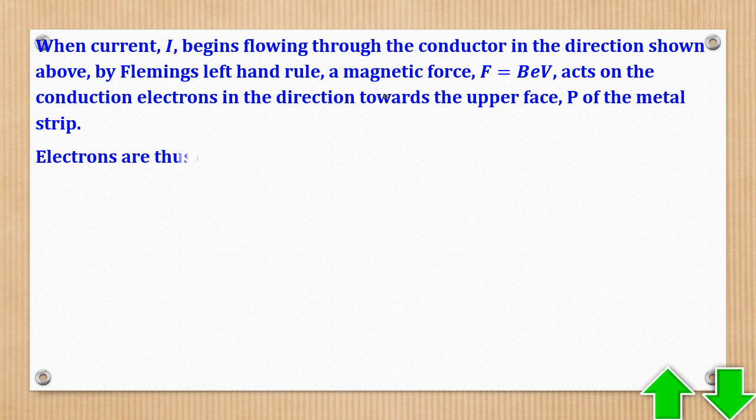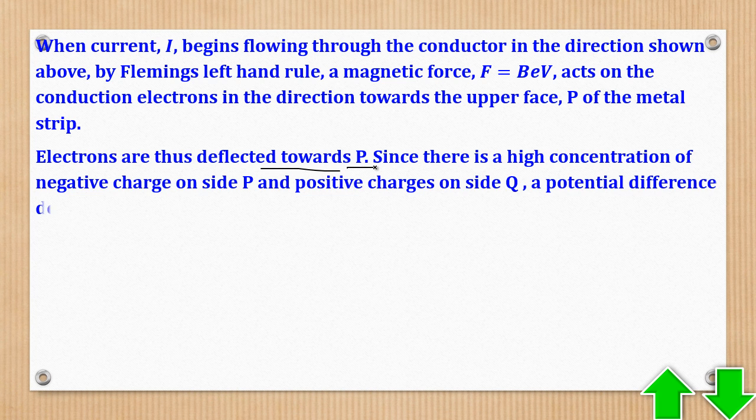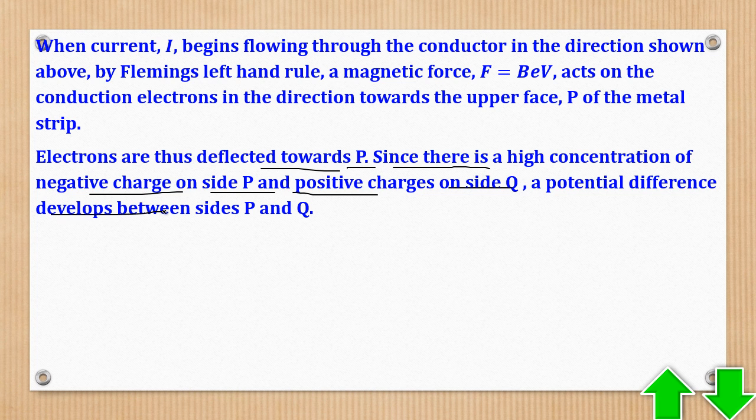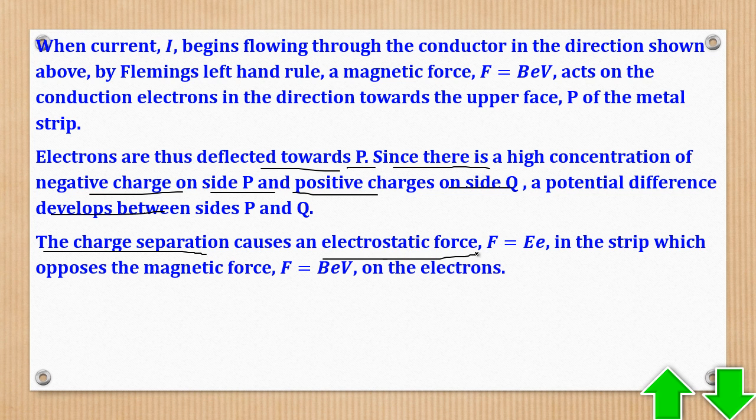We have seen that. Electrons are thus deflected towards P, and since there is a high concentration of negative charge on P and positive charge on side Q, a potential difference develops between sides P and Q. The charge separation causes an electrostatic force, electric field intensity E times e, the electronic charge, in the strip, which opposes the magnetic force.